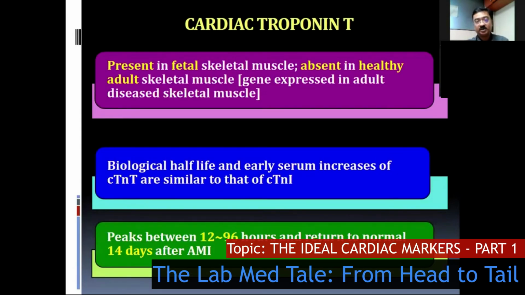So cardiac troponin T also has almost a similar nature to cardiac troponin I, but it remains a bit longer so far as timing is concerned. But so far as diagnostic importance is concerned, it has more or less similar importance to cardiac troponin I. And cardiac troponin T, for point of care testing, is one of the most likely choices of cardiac markers.